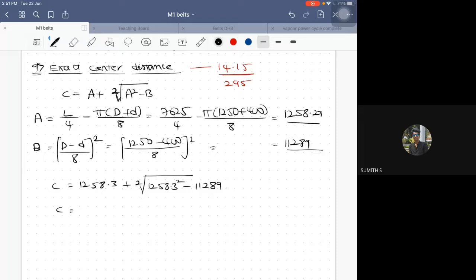So the exact center distance is how much? 2512.08 mm. So this is your exact center distance. When you place a belt at the exact center distance, the tension would be maximum.